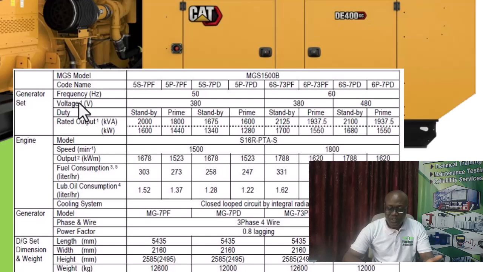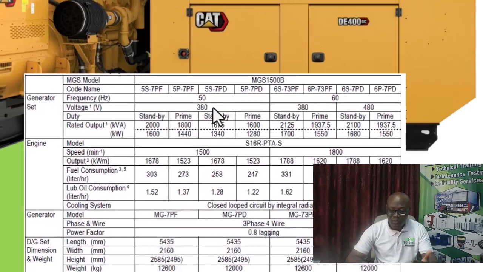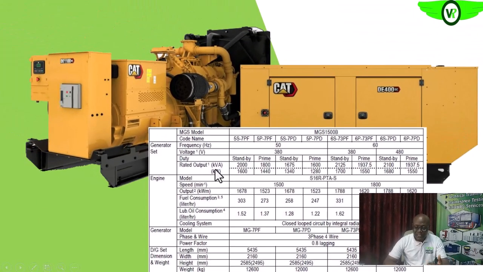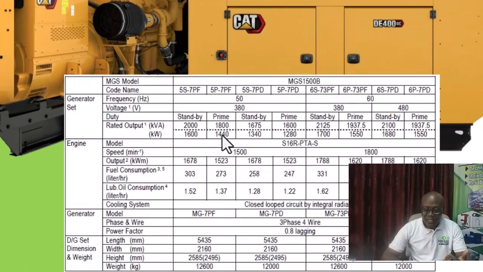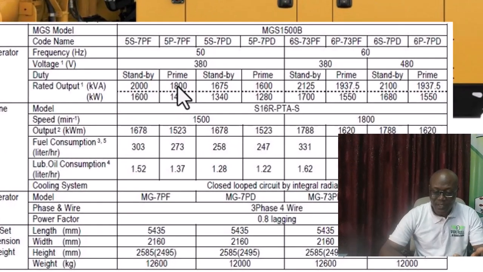So if it is say 50 hertz, 380 volts, then this is the output power, either in kilowatt or in kVA. Are we getting it? So if we are looking at say 1800 kVA, this is the power that will be available for us to use.